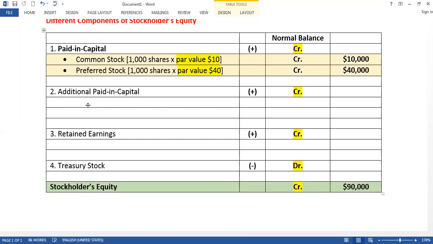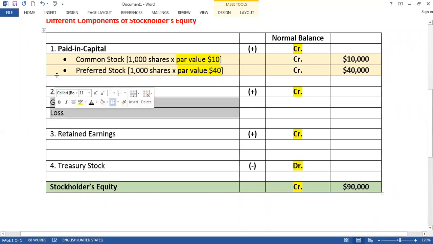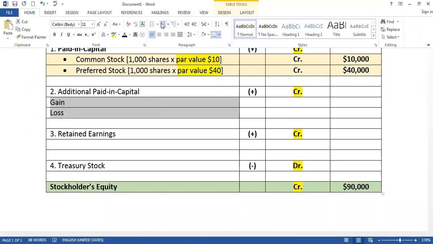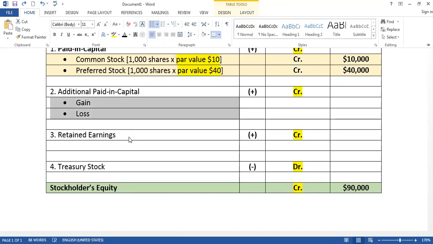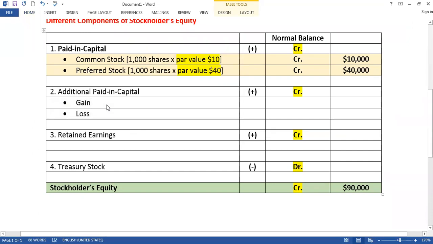So look at here, for example, additional paid-in capital mainly is about gain and loss. Okay, so additional paid-in capital is about gain or loss.